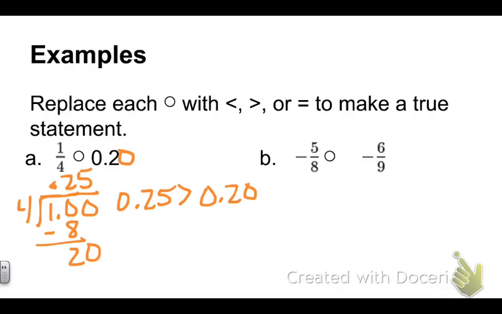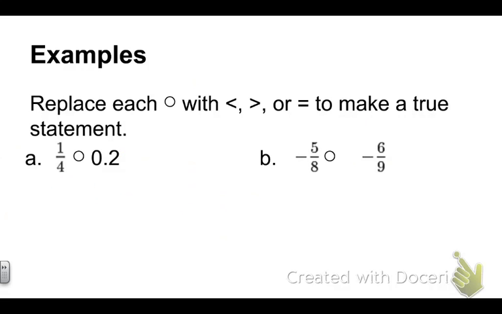Let's see. The second one, let me clear some stuff here. Second one, 5/8. I'm going to ignore the sign for a second. 5 divided by 8. Oops, sorry, there we go.